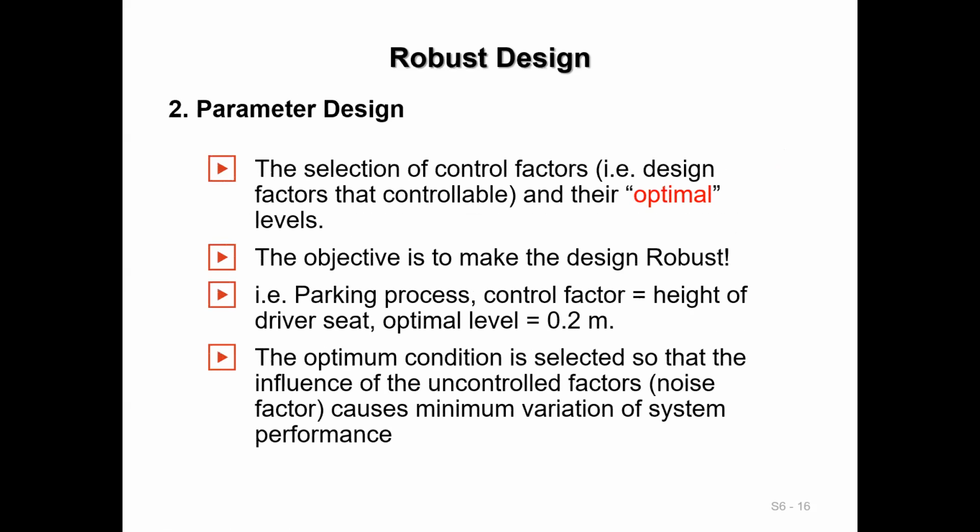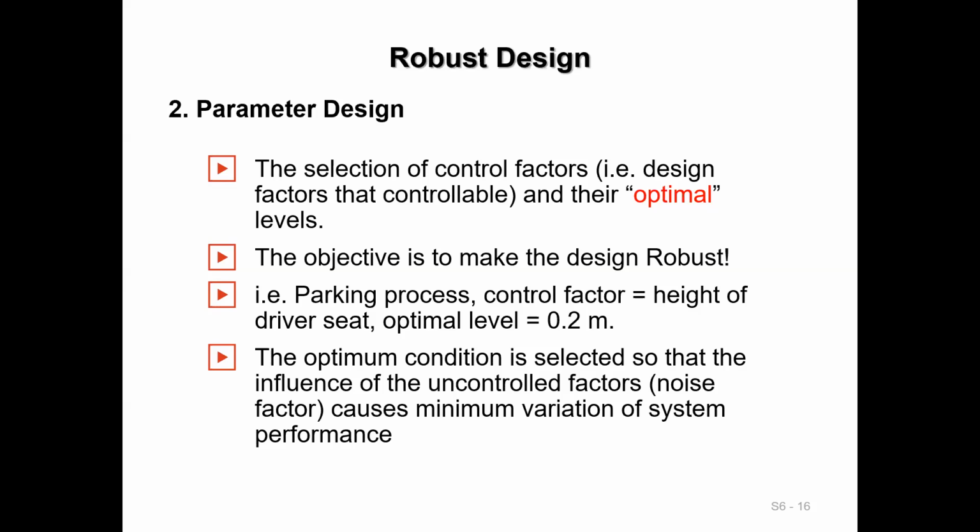Then parameter design: I have the car, I have the driver. How fast the driver is going to drive, that's a parameter. The height of the car seat and the angle of the side mirror, that is parameter design. Again, the parameters selected can be made up of controllable and uncontrollable parameters, and we're only interested in controllable parameters.